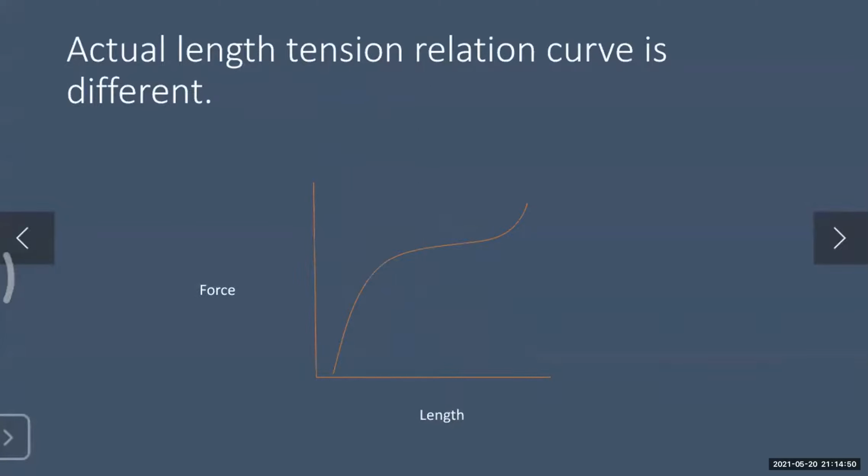Now, when you see the actual length tension relation curve, that's force to the length, it is actually slightly different. It comes like this. As the length increases and increases, it is able to take more resistance.